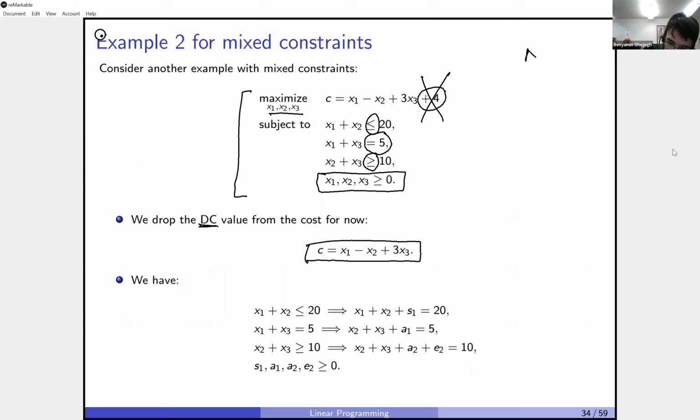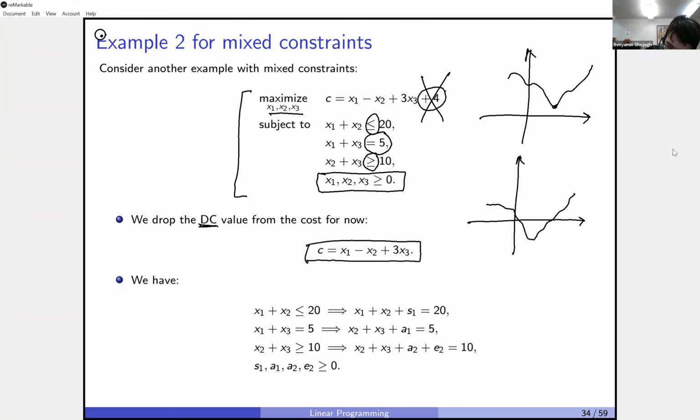Why? Because whatever function you have, like this, you are minimizing it or maximizing it. It's another function, you can see it as a maximization problem. If you remove the DC, it becomes like this. You will calculate this.